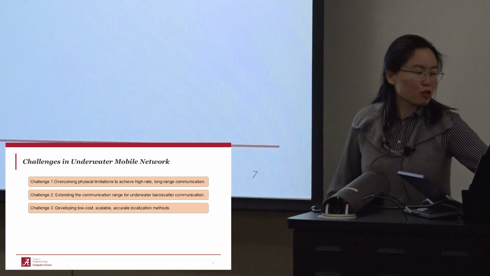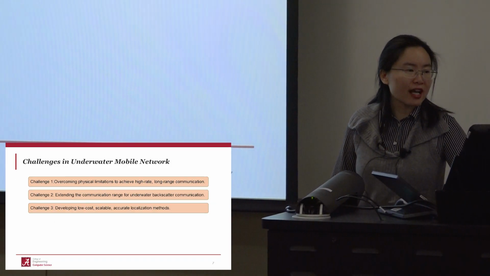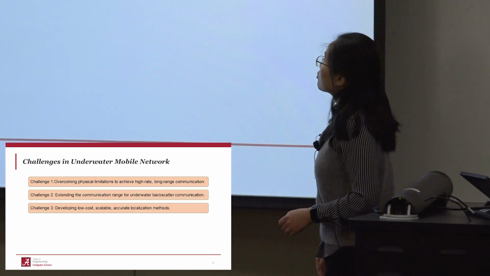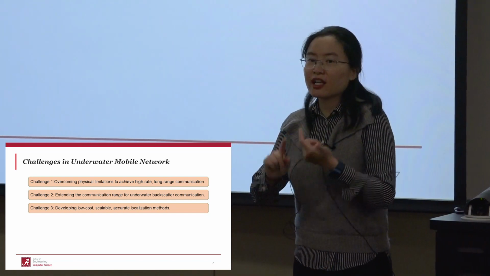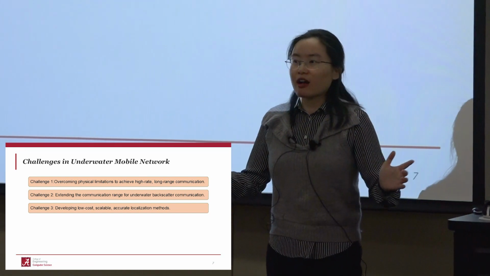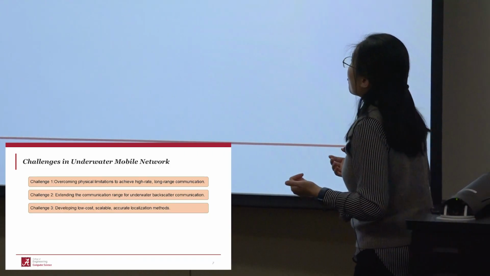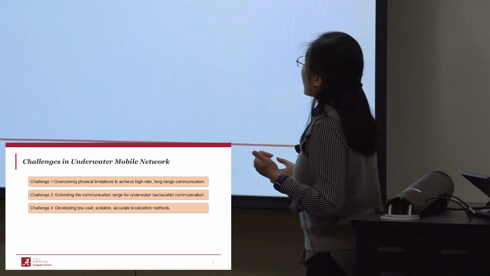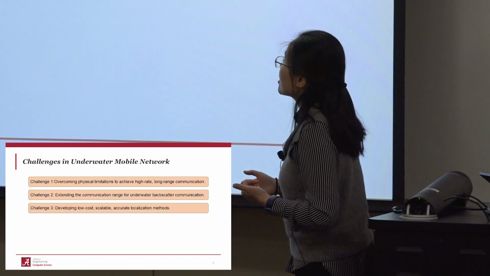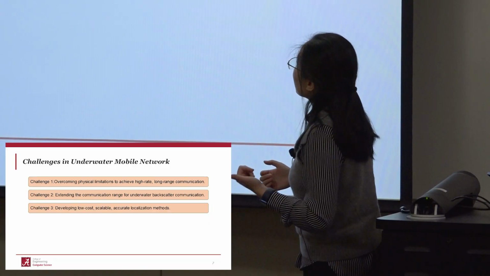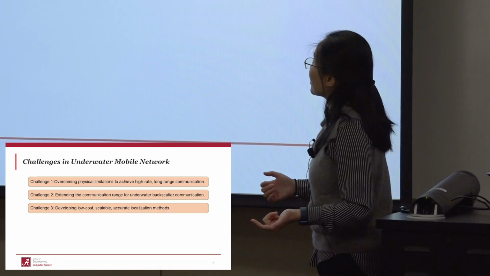So to summarize, we envision those three challenges. Challenge one: how can we achieve high rate and long range together, to support future underwater mobile networks for video and image data transmission and AI applications?